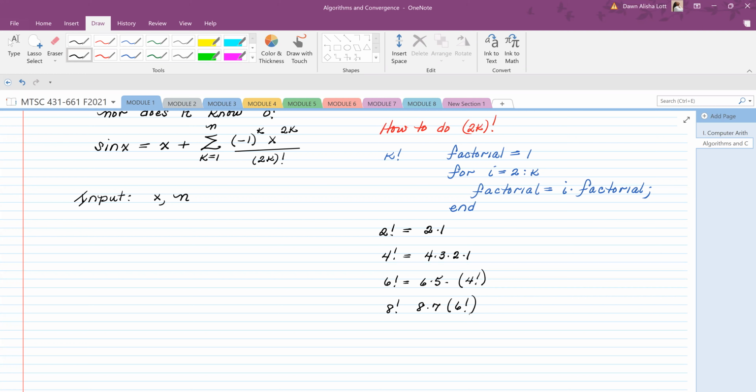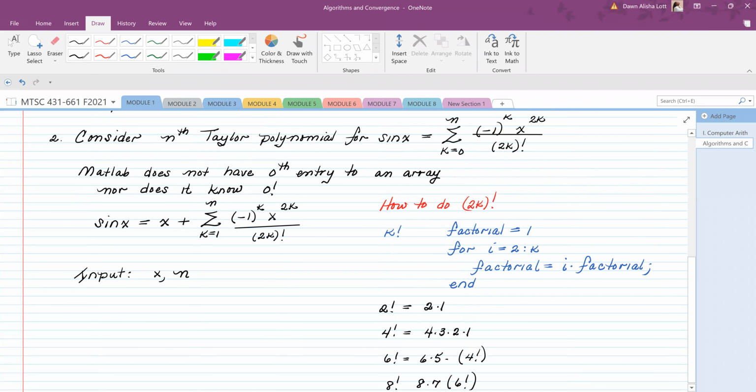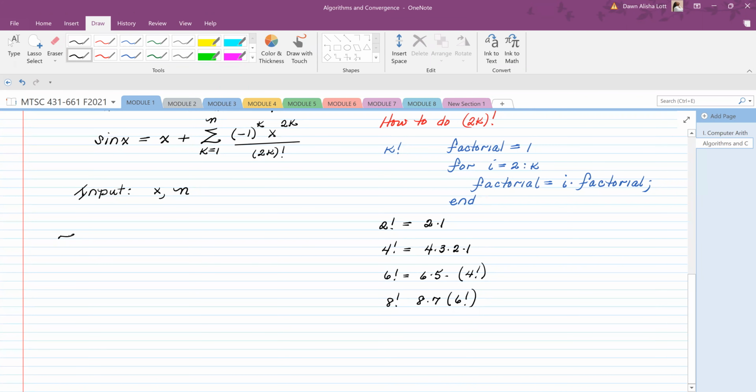Well, first off, when you do a loop and you want it to count by more than 1, you want it to count by 2s. So to do a loop, you would do for i equal 1 to n by 2.